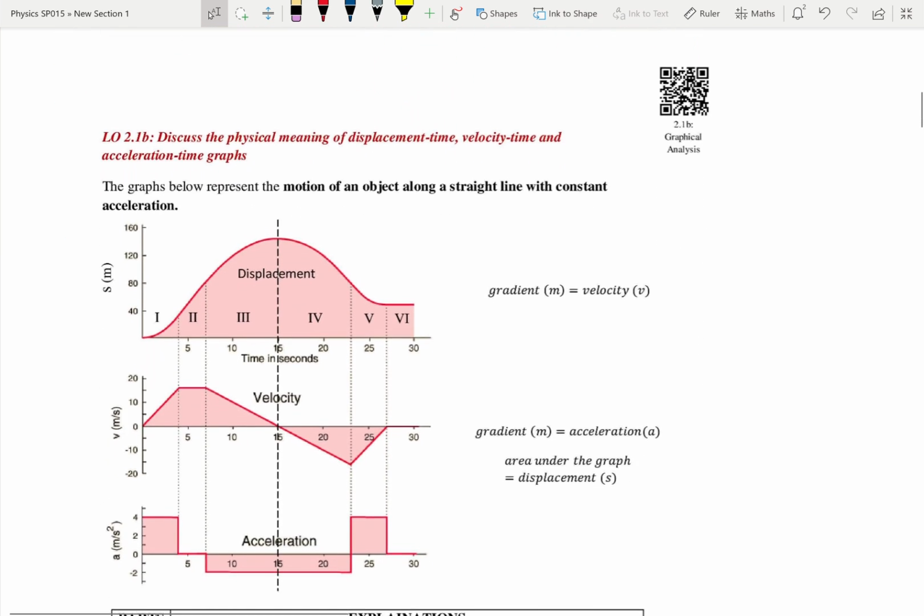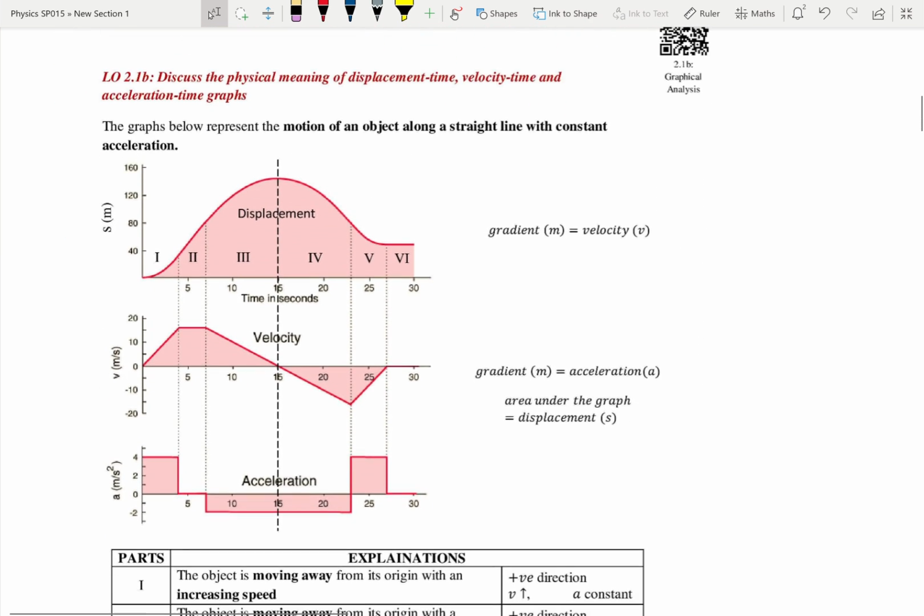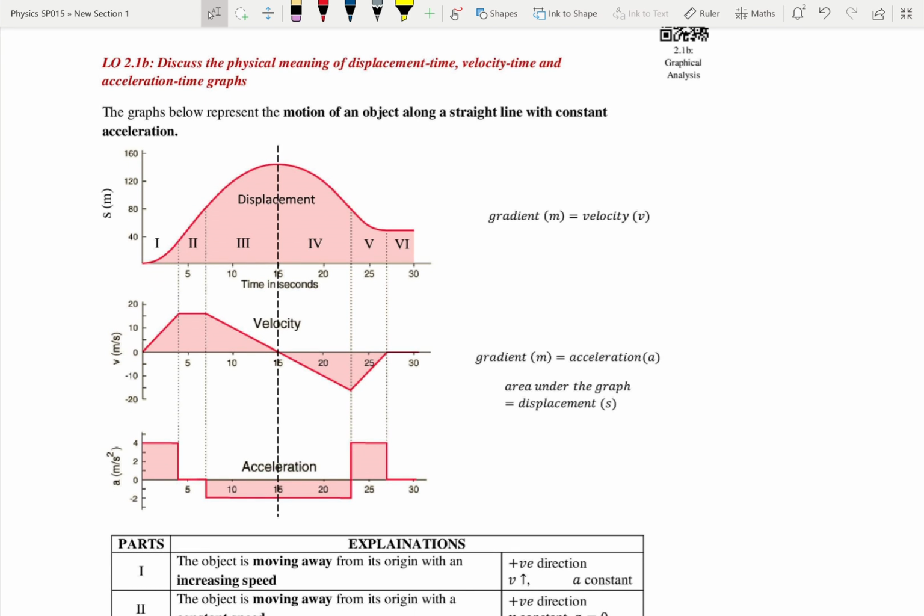Okay, next we want to discuss learning outcome 2.1b. Discuss the physical meaning of displacement against time graph. We have three types of graph, which are displacement against time graph, velocity against time, and acceleration against time. The first graph is displacement against time. Look at this title. The y-axis is the displacement.